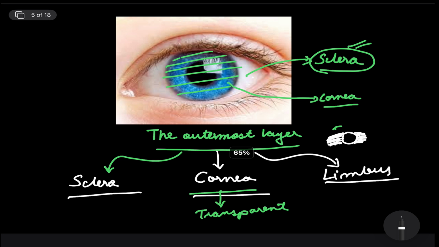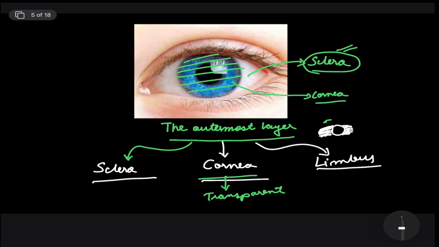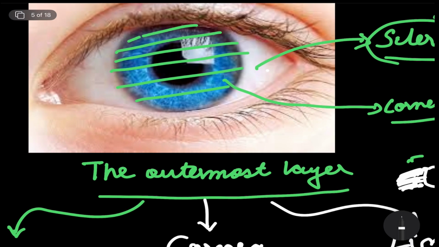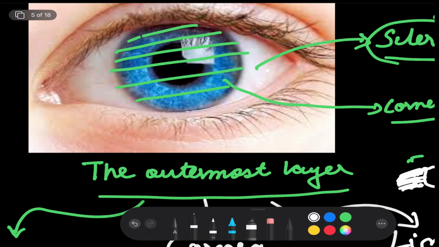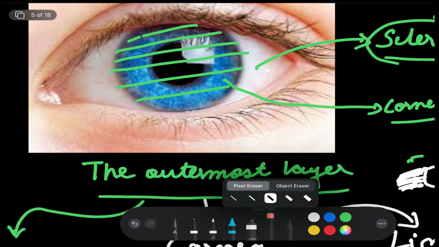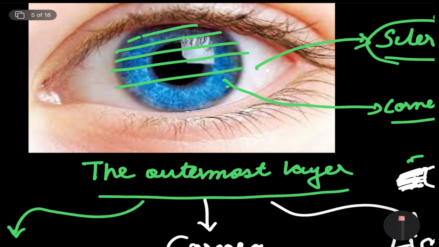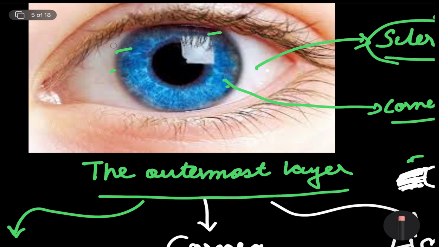Now, we have another thing, the limbus. What is the limbus? Limbus is nothing. It is just, if I can just rub this entire thing. So limbus, now you know what the cornea is. Cornea is this transparent thing, right?